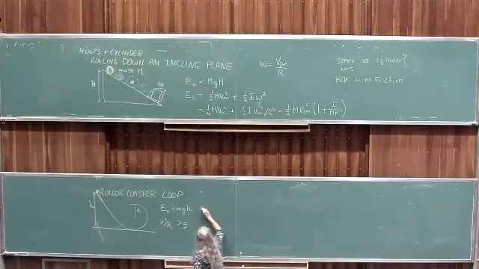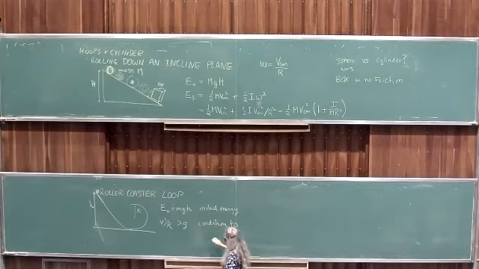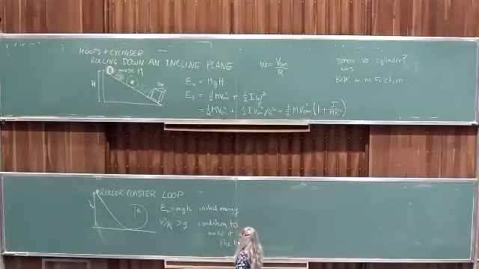So that's the initial energy, and this is the condition to make it over the top of the loop.